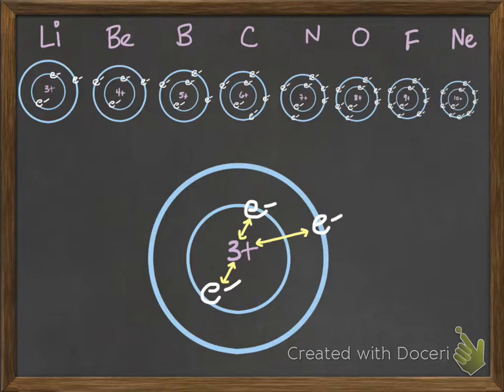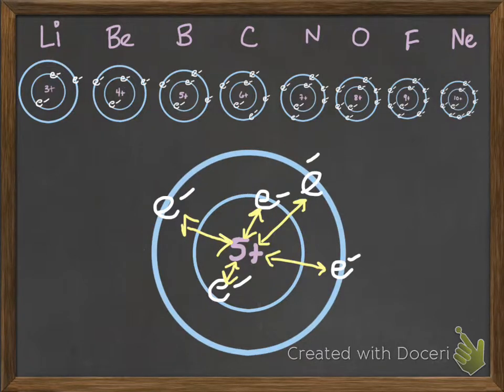Okay, so what happens when we add protons and we add electrons? Well, here we've gone to boron. So we now have not 3 protons, but 5 protons pulling on 5 electrons. Well, we're just generating more force in general. But in addition to that, we've still got those 2 inner electrons sitting in the 1s.